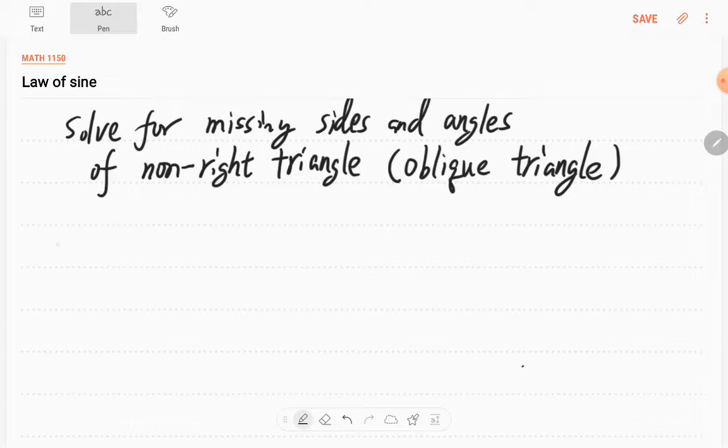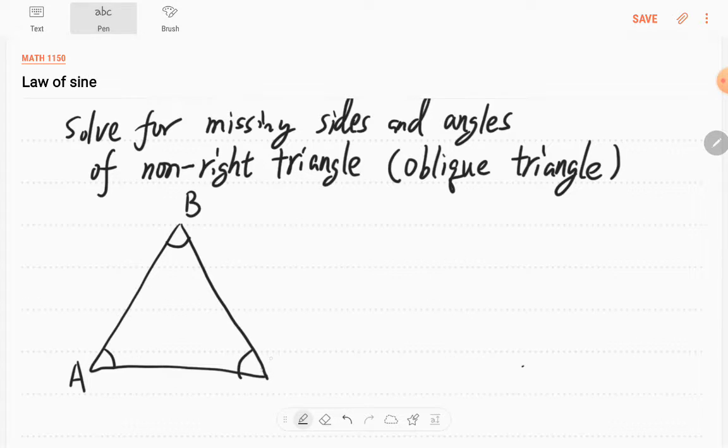If we have a triangle, not a right triangle, and we denote this angle by angle A, this by angle B, and this angle C. The opposite side to angle A is denoted by lowercase a, the opposite side to angle B is denoted by lowercase b, and the opposite side to angle C is denoted by lowercase c.